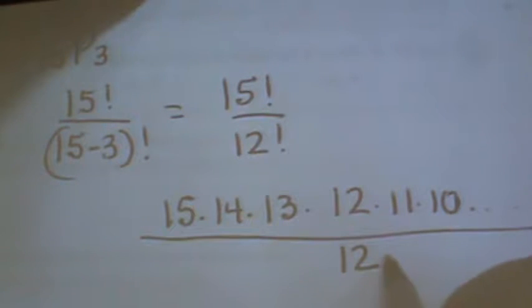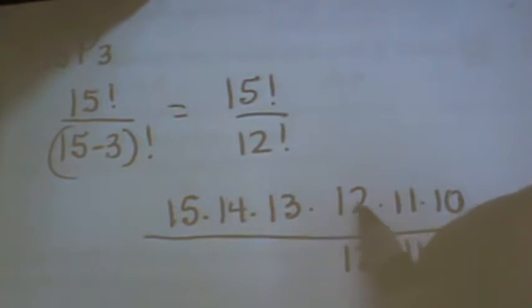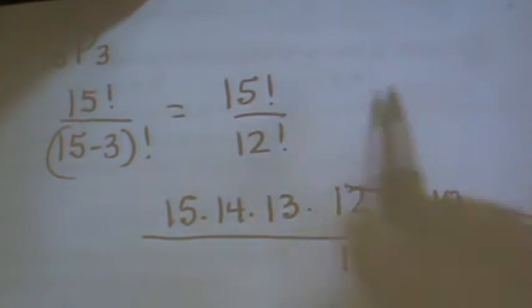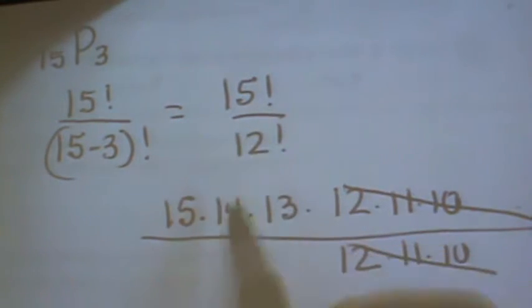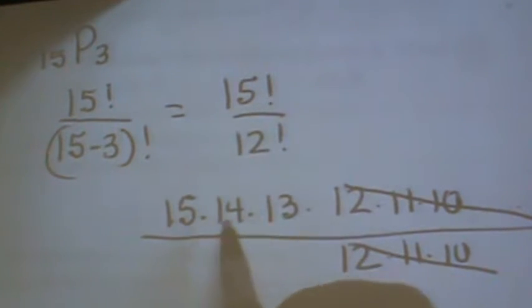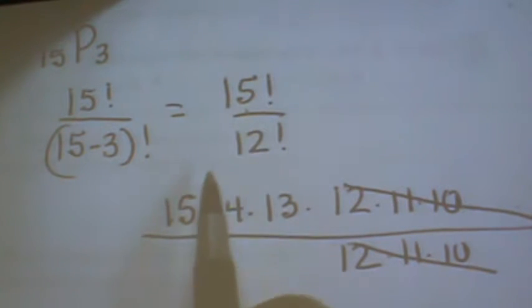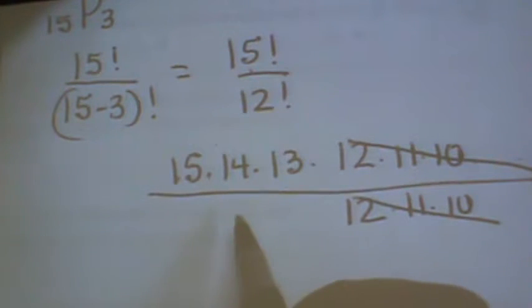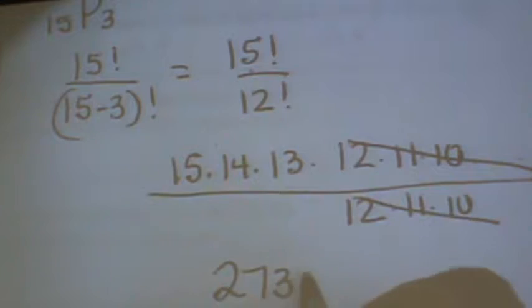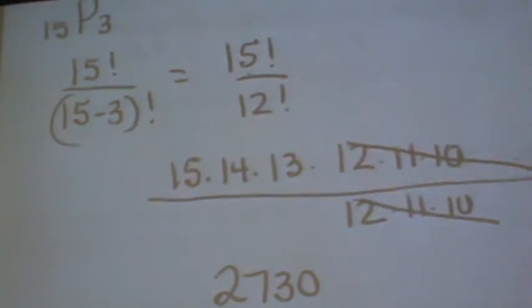On the bottom, you have 12 times 11 times 10. You're going to cancel all these out. So basically, it's not factorial. It's 15, the difference of these multiplied by each other. So 15 times 14 times 13. If you multiply those together, you will get 2,730. Now, how do you do it on a calculator?